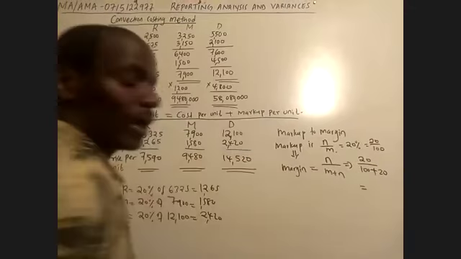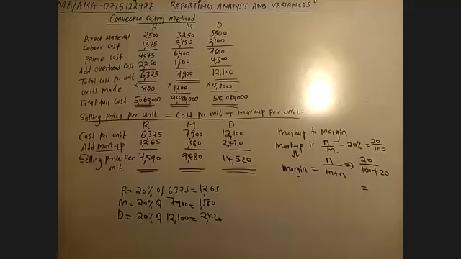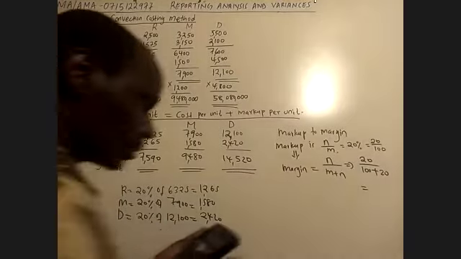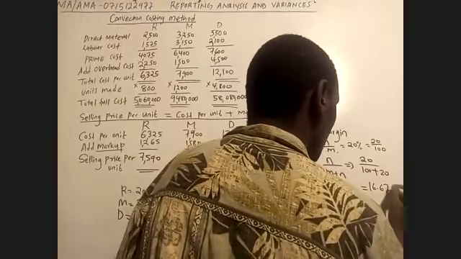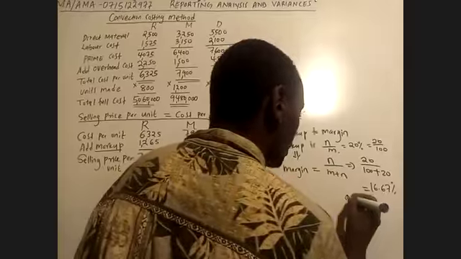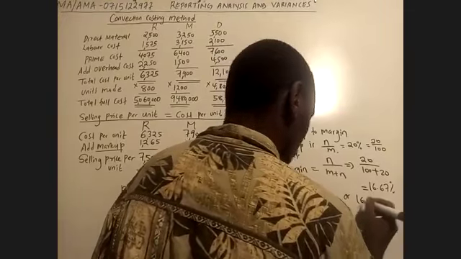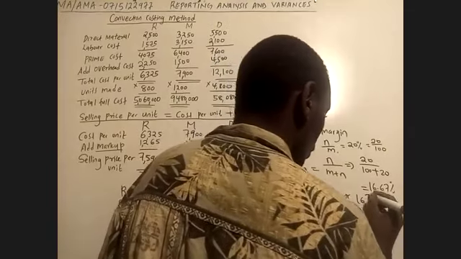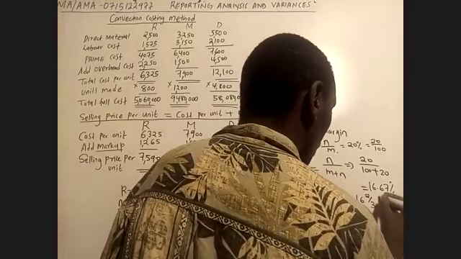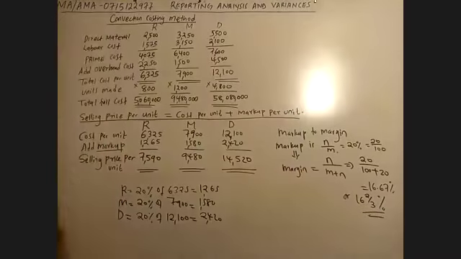So what will be our margin? It will be 20 divided by 120, which is 0.166, or you can say it is 16.67%, or another one can say 16 2 over 3%. That's how you get margin from markup.